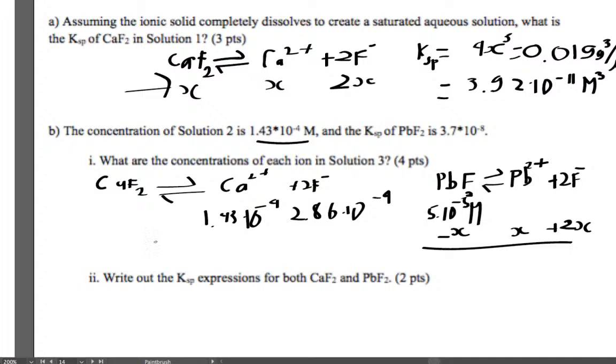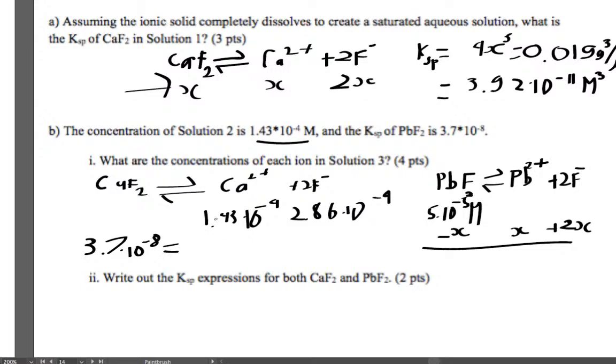So we know that 3.7 times 10 to the power of negative 8 would equal to those things, which is x squared.